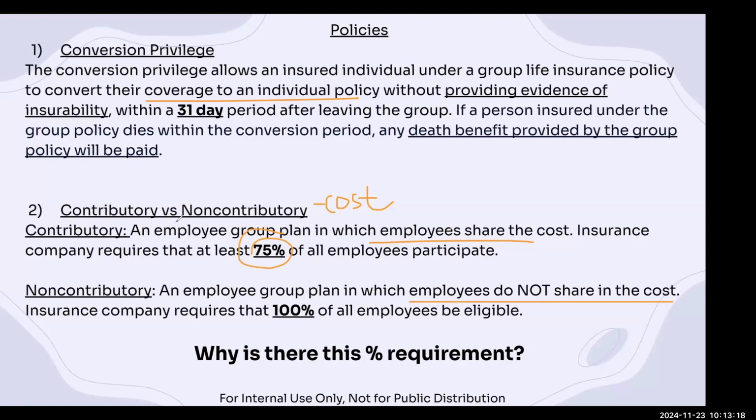This requires that 100% of all employees be eligible. So this percent requirement is here because we tie the cost to risk consideration. This ensures that the plan covers the majority of the employees within the company as well.